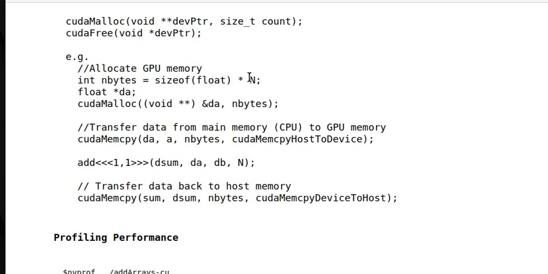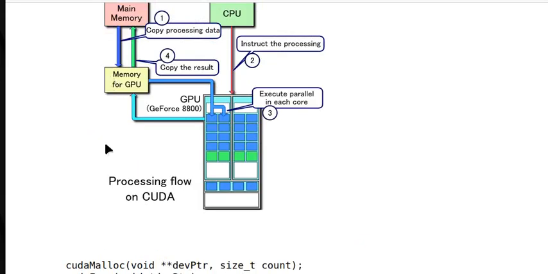And then declare this pointer variable dA, and cudaMalloc, we pass the address of this pointer and the number of bytes. This will do the job. This will allocate memory in the GPU memory.